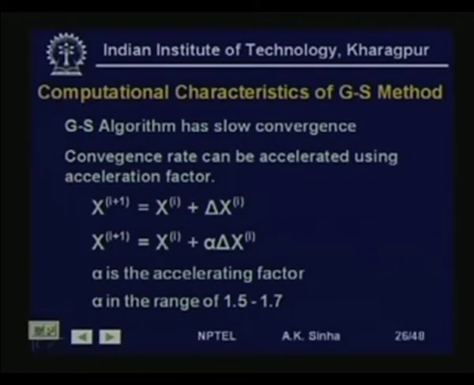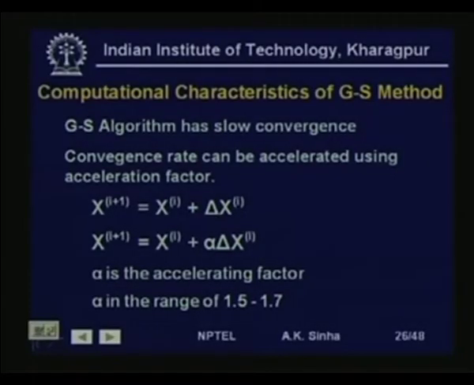Now, people have tried to speed up the convergence of this by using an acceleration factor. So, instead of just adding delta x between the two voltages, we multiply it by alpha also. So, x at the i plus 1th iteration is equal to x at the ith iteration plus alpha delta x i. What is this delta x? Here x is our complex voltage, and delta x is nothing but the difference of the voltage between two successive iterations for that particular bus.